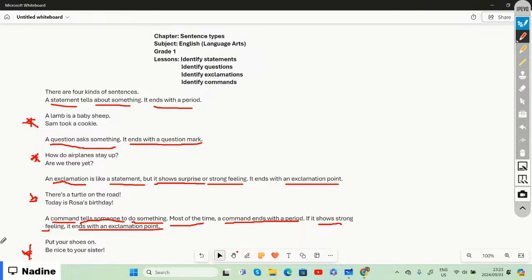We said we have a statement that tells a story. We have a question, and it asks a question. We have an exclamation sentence, which is like a statement, but it shows strong feelings, and it ends with an exclamation point. And we have a command, and a command tells someone to do something. It's like requesting, right?